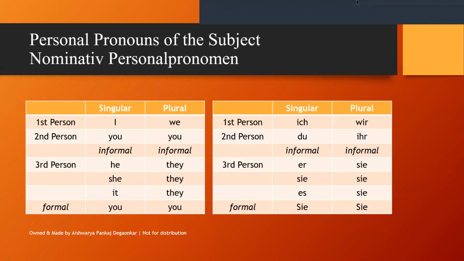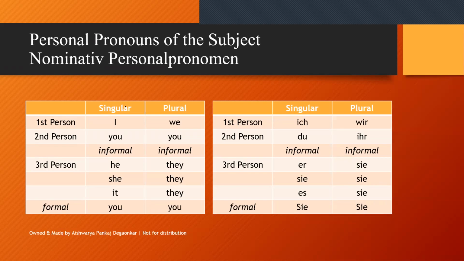Like in Marathi, you have apan, tumhi. In Hindi, you have apan, sorry. But we don't have that segregation in English. We use the pronoun you for everyone, right? And then we have the third person, that is again singular and plural.